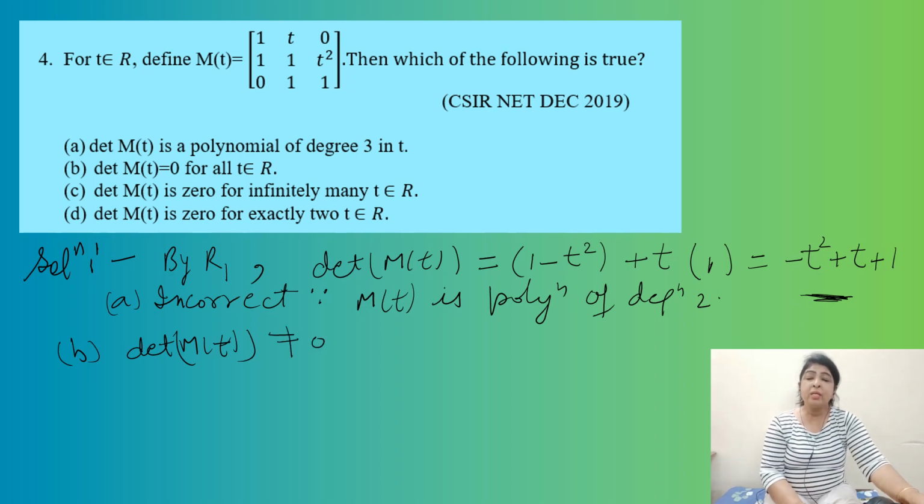Then the third option is that the determinant of M_t is 0 for infinitely many values of t. You can take various values of t, but the determinant is not equal to 0 for infinitely many values of t. So that's why option C is incorrect.